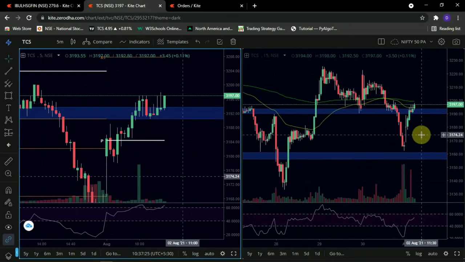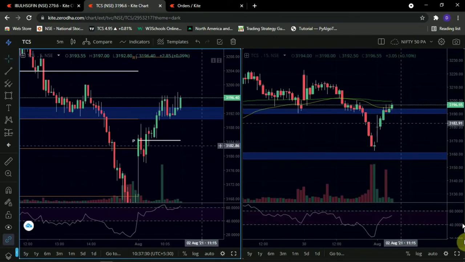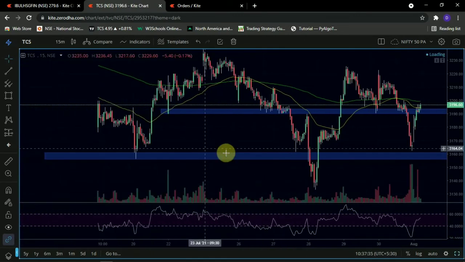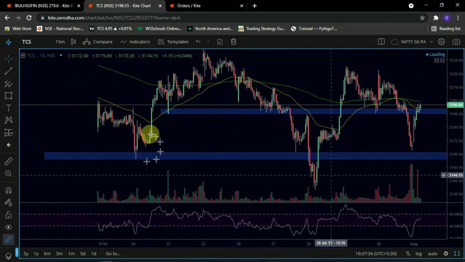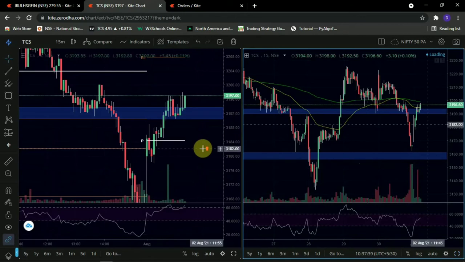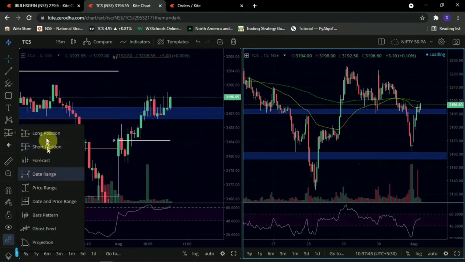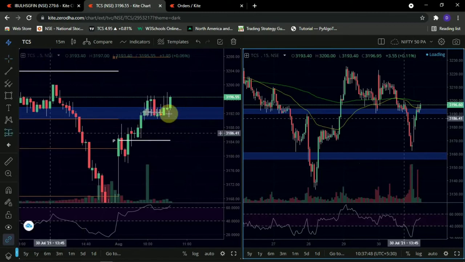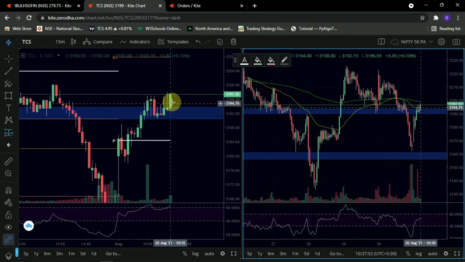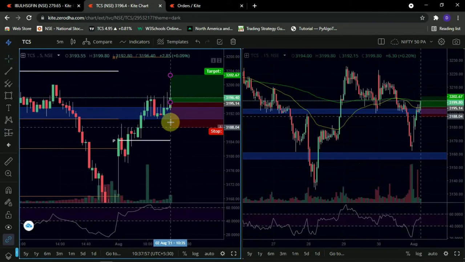It has broken the 50 EMA and respected it, and in the long run it was a head and shoulder pattern. This was the head and these two were the shoulders. So by seeing this, I have entered the position. I'm not giving a definite target for the risk to reward ratio, but we have entered at 95. At this point we have entered our position.